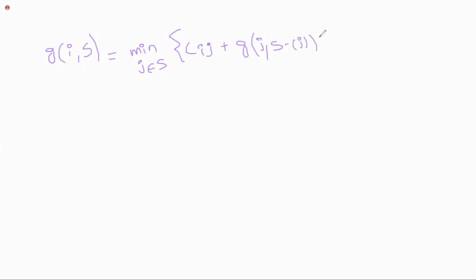Because the formula for this is G of I comma S is equal to minimum of J belongs to S, Cij plus G of J comma S minus J. This is the formula.